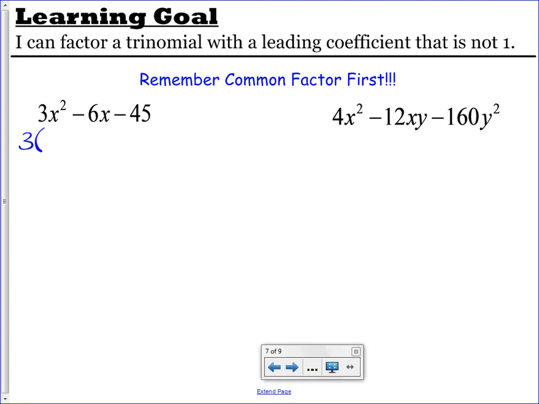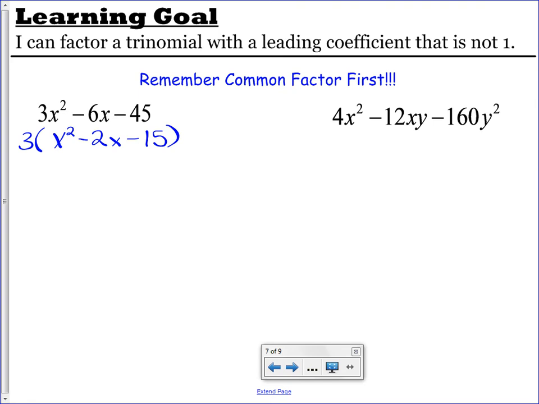What am I left with here? What do you get for that? Okay, so look at how easy that is.